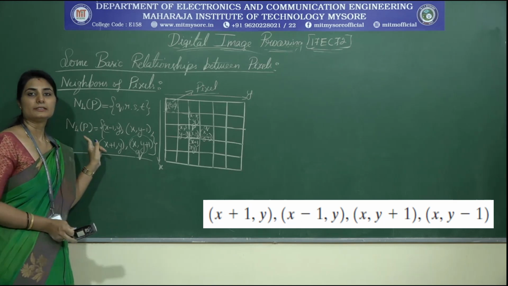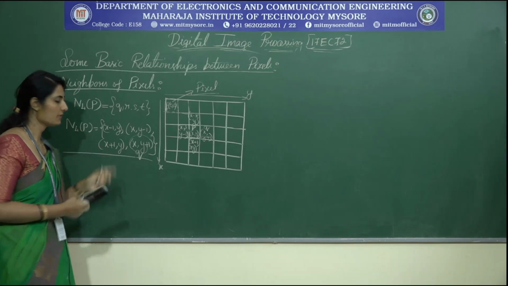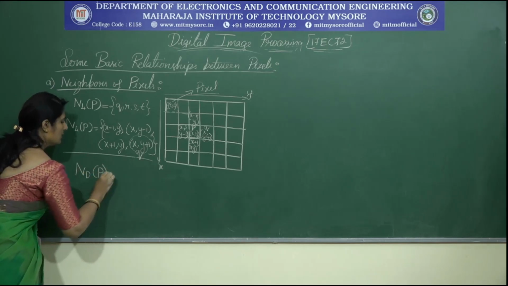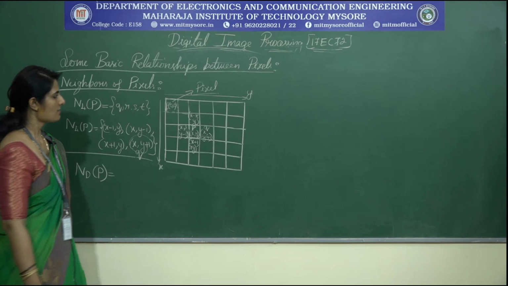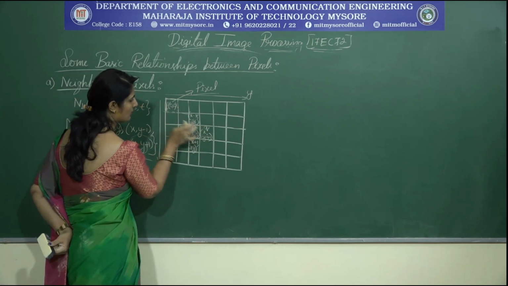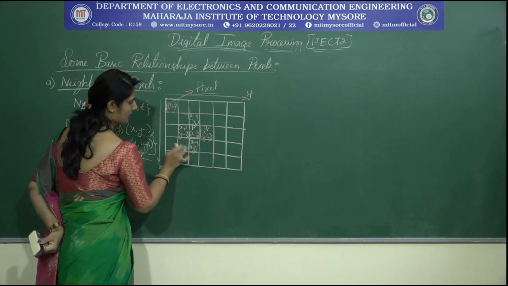We also have diagonal neighbors of P, which we call ND of P. The diagonal neighbors of P are the 4 diagonal pixels here.